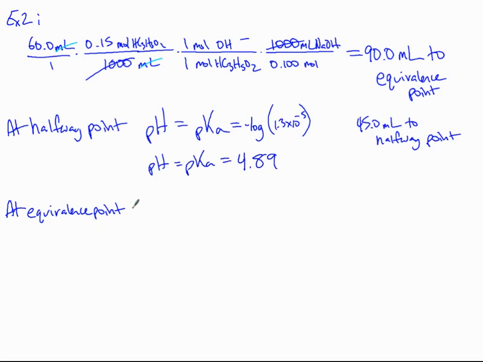It's the conjugate base, so we have propanoate ions left. What else is in the reaction? Water. And we always just leave that out because there's so much water there already. So this is the only thing left. We only have propanoate left in solution.